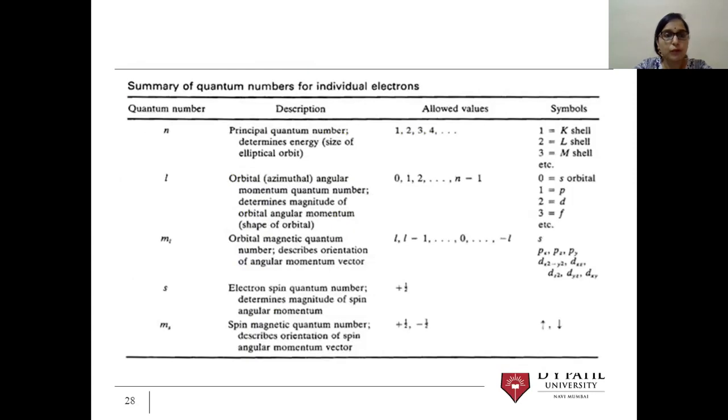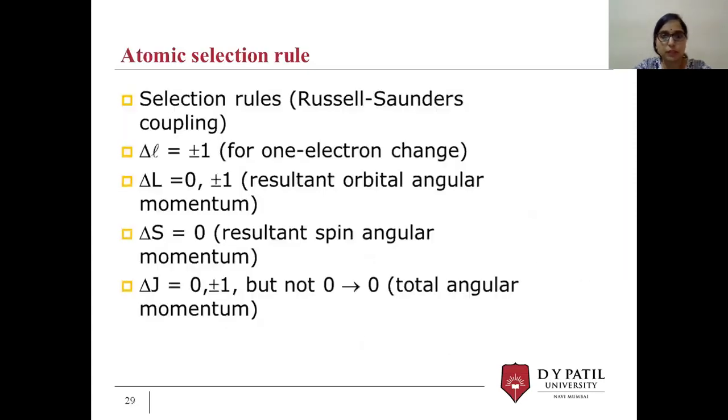Now, how will we use these quantum number symbols to understand the atomic selection rule? What does the atomic selection rule state? It states a principle given by Russell Saunders, known as Russell-Saunders coupling.